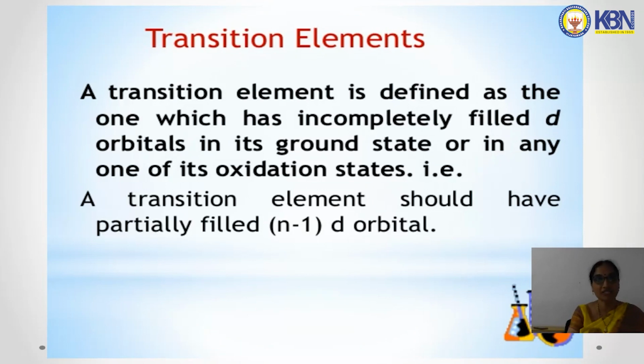For example, zinc is a d-block element, but it is not a transition element, because in zinc the d orbital is completely filled.